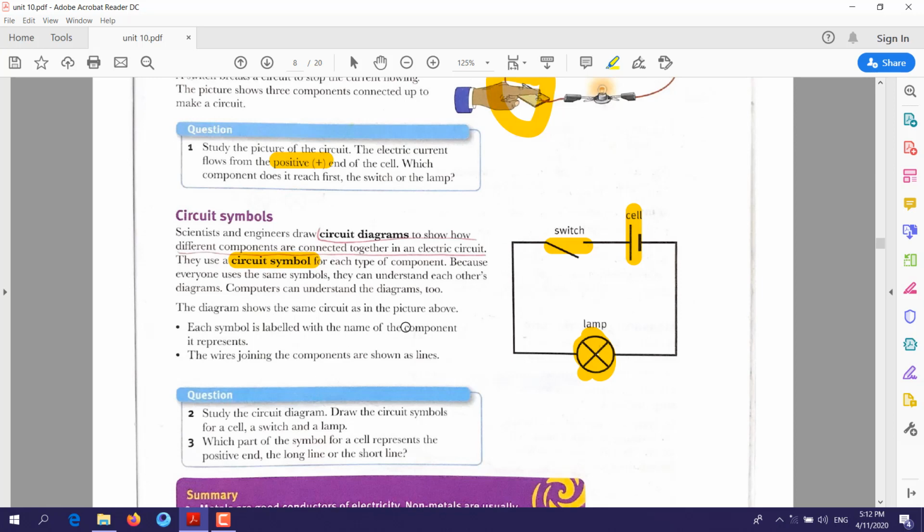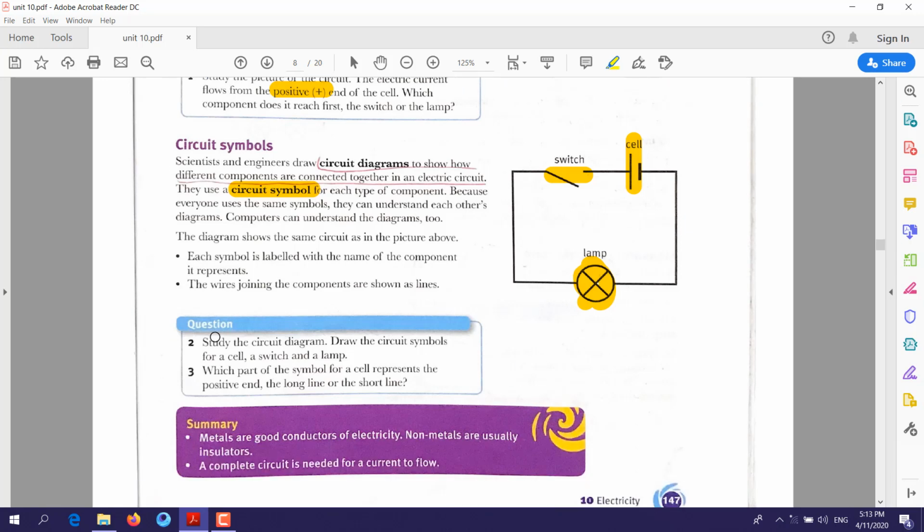Here are the three main components of an electric circuit. We will study more components in the next pages. Study the circuit diagram. Question: draw the circuit symbols for a cell, switch, and lamp. Okay, here is the answer.